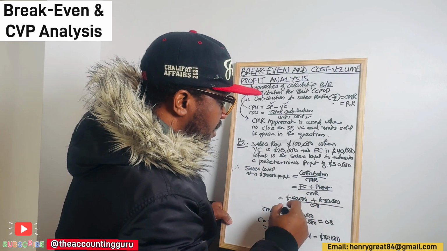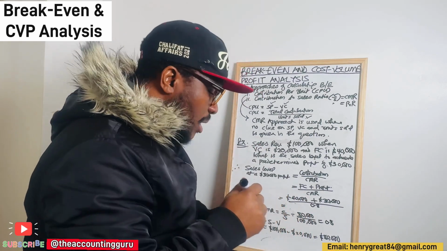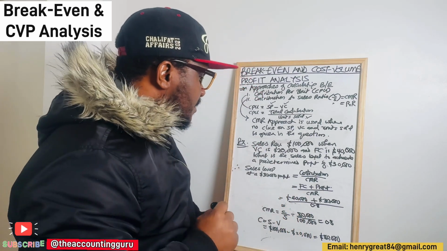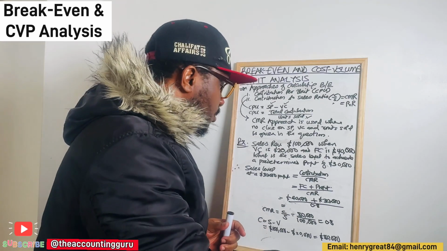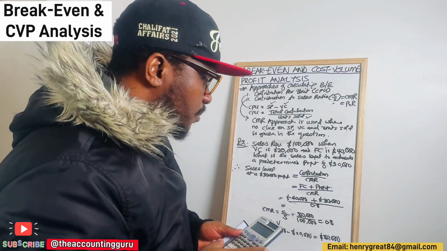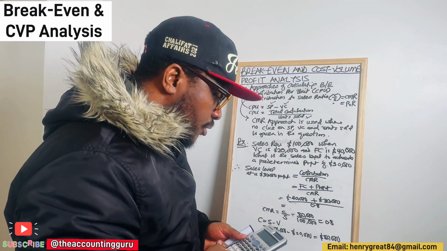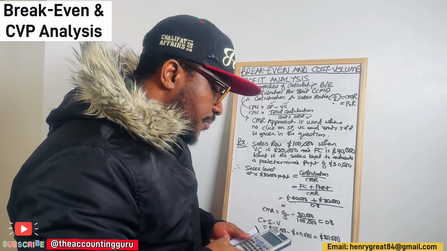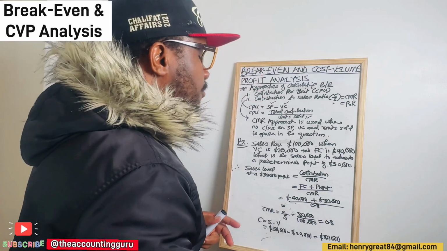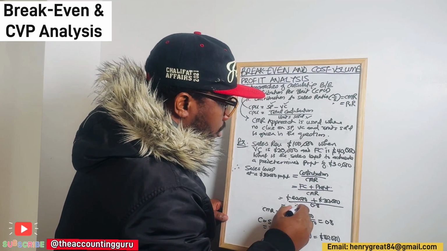Therefore, the sales level to achieve that targeted profit of $30,000 is 40 plus 30, that is $70,000, divided by 0.8, and that gives us $87,500.